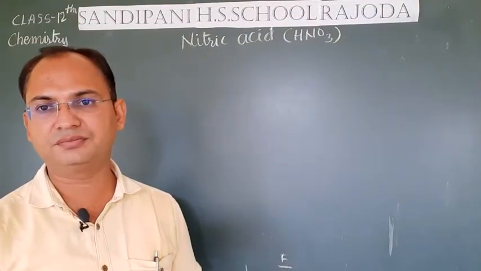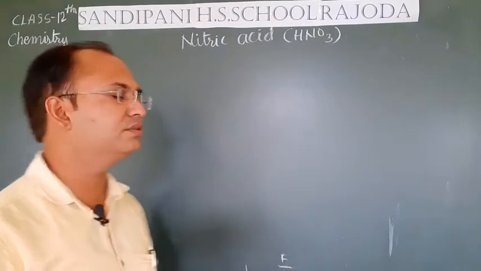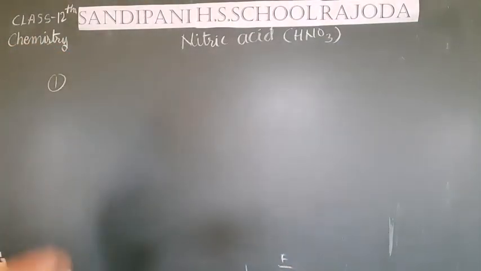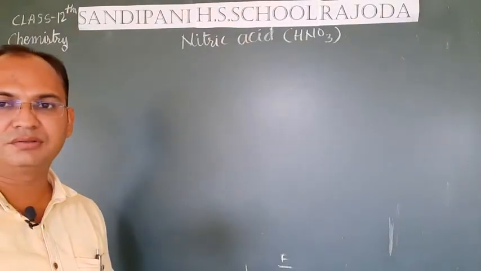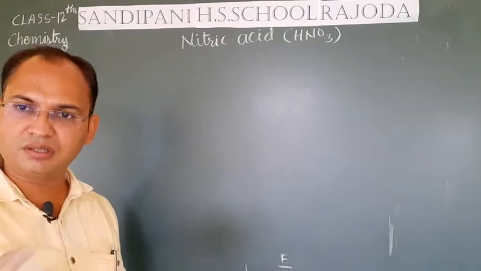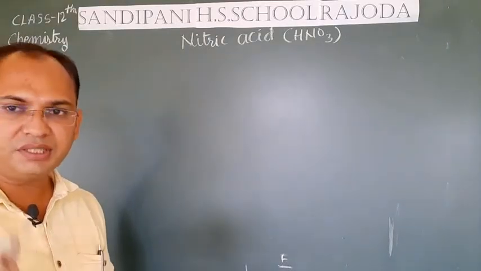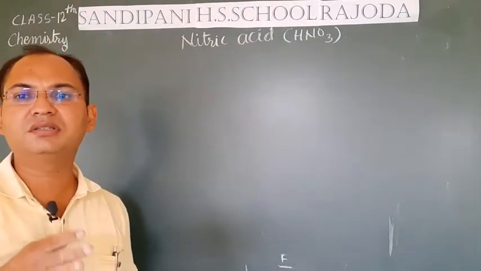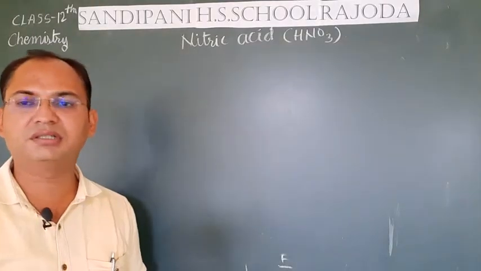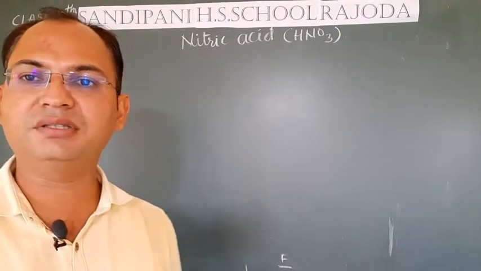The first one is the retort process. This process is nowadays not too much in use, but during the beginning of the knowing of nitric acid, this method was the major method by which nitric acid was prepared.